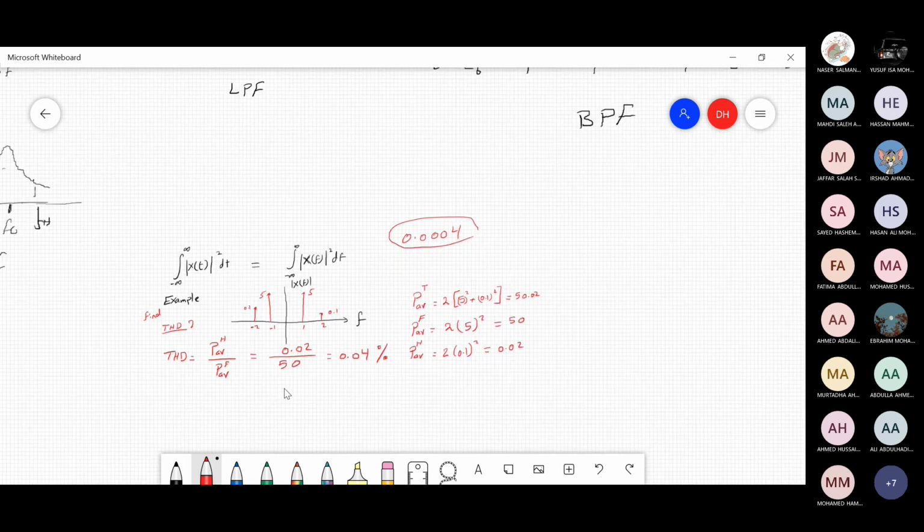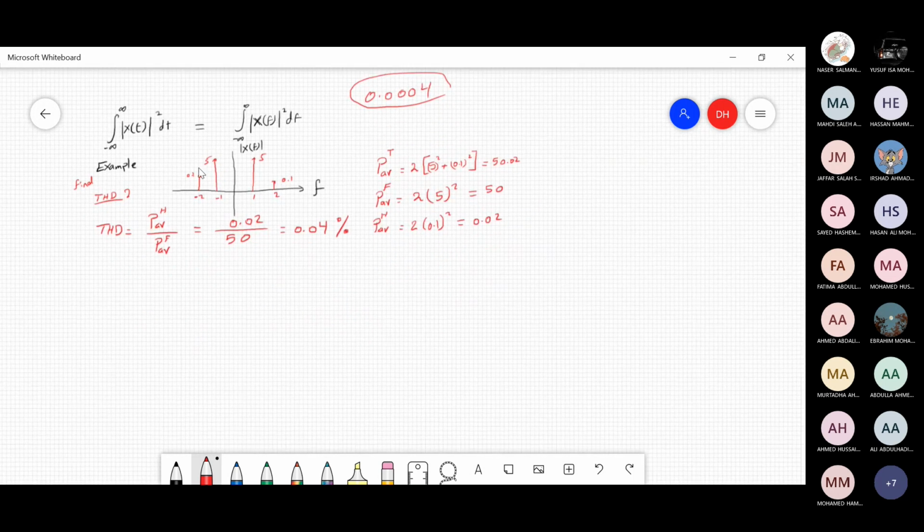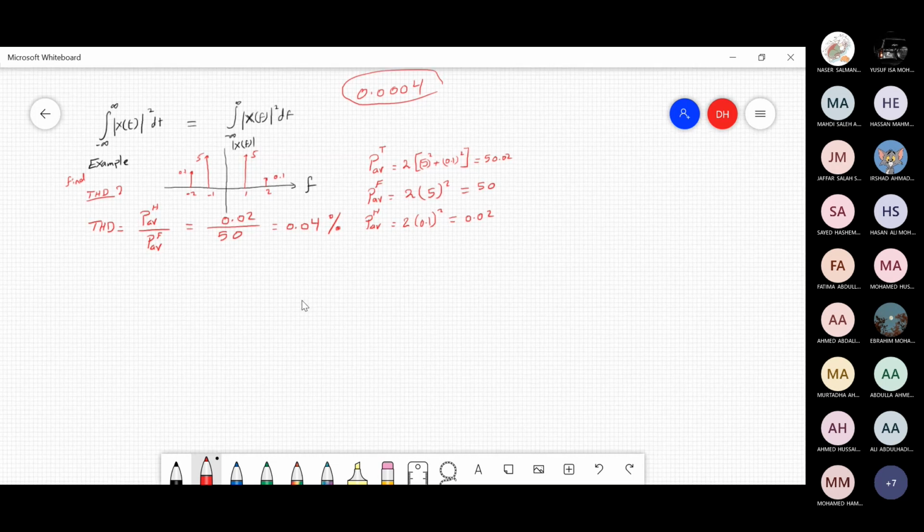We solved something similar actually in time domain. We solved it also in Fourier series. Okay, let's choose another example. Right.